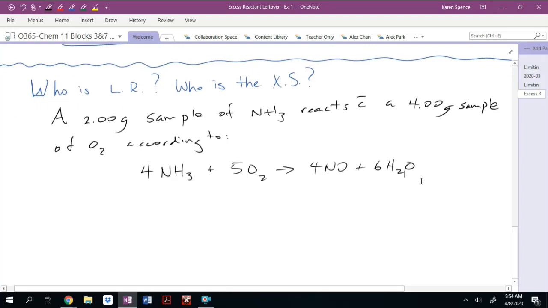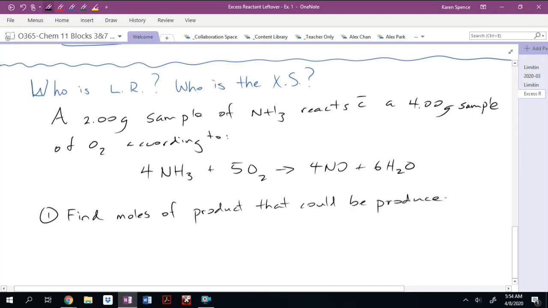Okay, to find who is the limiting reactant and who is the excess reactant, we need to find moles of the product that could be produced from each reactant.